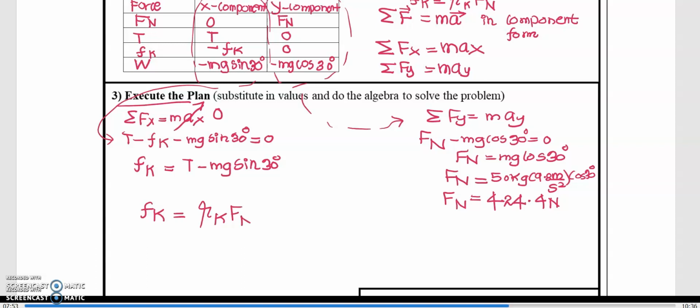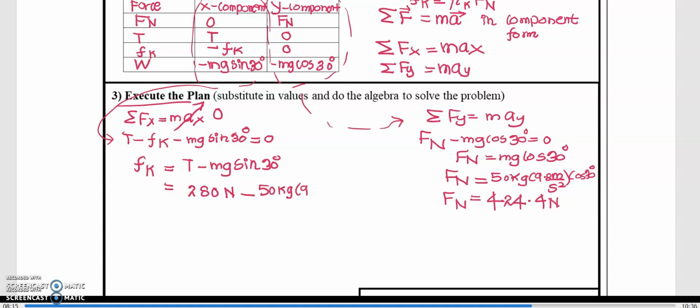So my next step is to use kinetic friction is equal to coefficient of kinetic friction times the normal force. I'm going to use that equation, but before that, let me go back and solve for the kinetic friction force because I already know the tension. It's given in the question and I already know the mass of the sphere, and I can easily solve for the kinetic friction because anyways I have to solve for it.